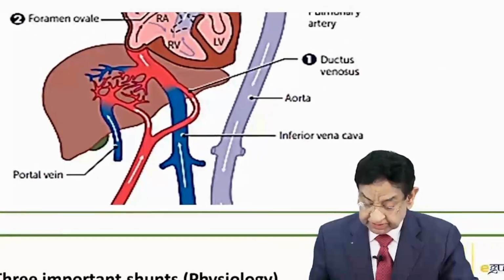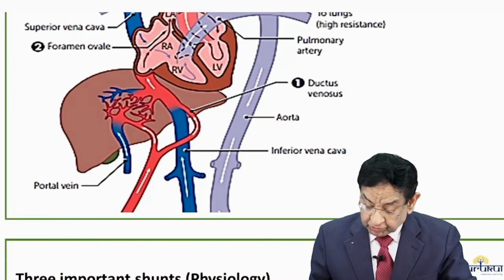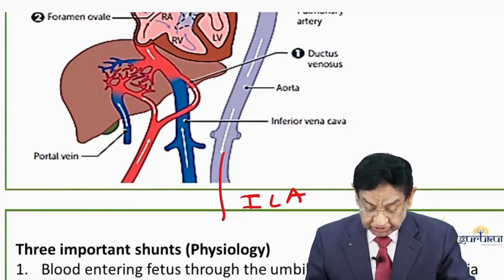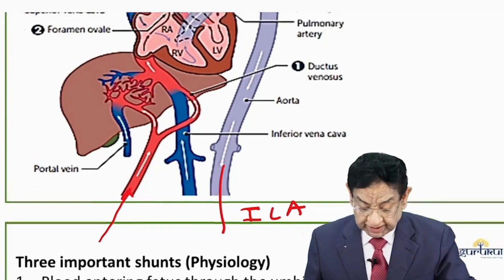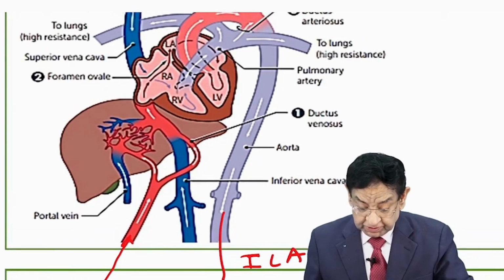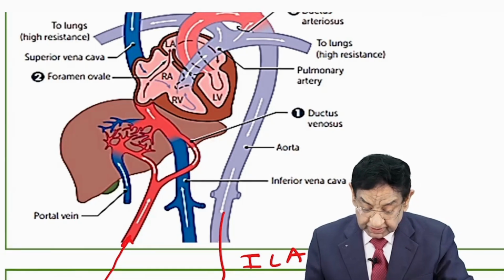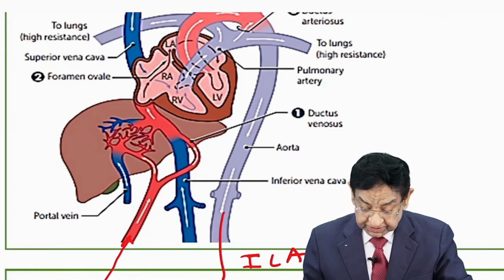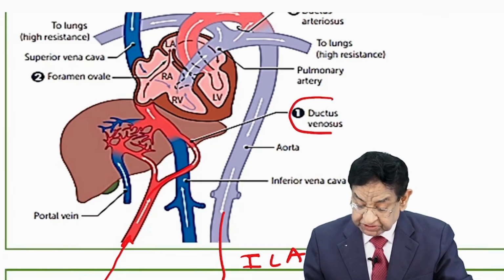Now this oxygenated blood is coming from the umbilical vein. What happened? Look into this. So this blood goes into the liver, but it has a bypass, and the first bypass is the ductus venosus.